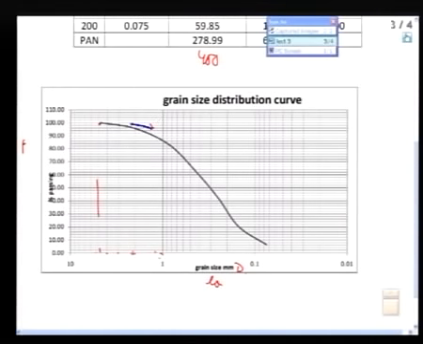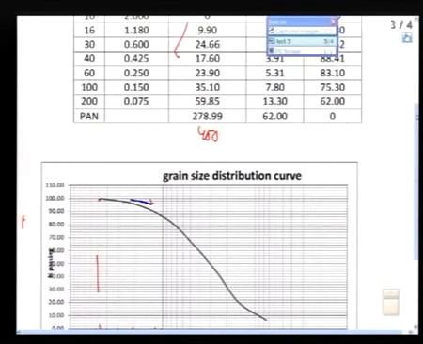You see? The next one is number 30, right? 0.6. How much percentage? It's 92.32, right?